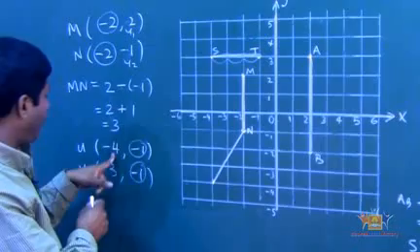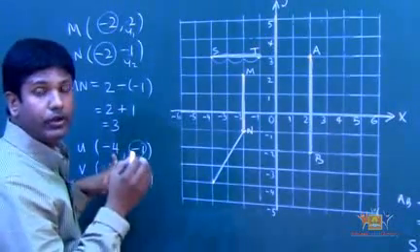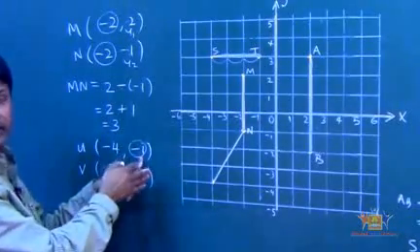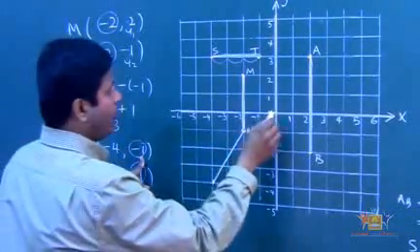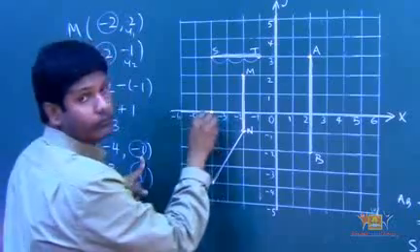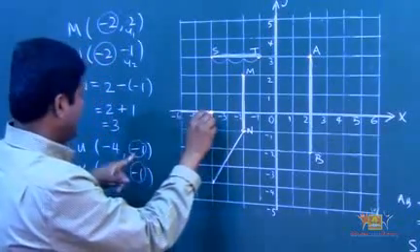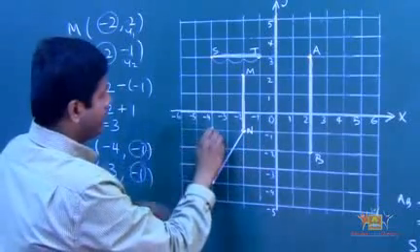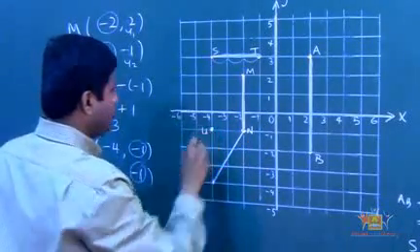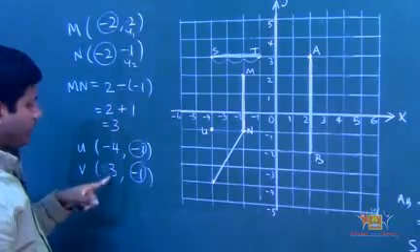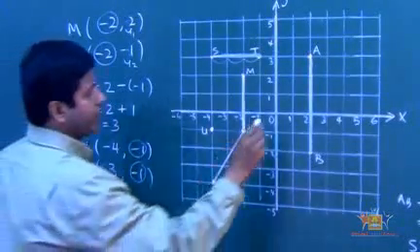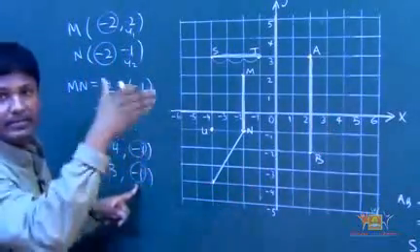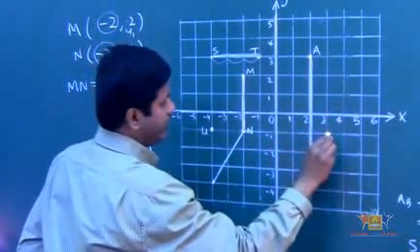Negative 4 is the x, so we go left by 4, down by 1, negative 1. See that? Down by 1. So we go 1, 2, 3, 4, negative 4, and then negative 1 means down by 1 right there. That's going to be your U. And V is going to be right by 3, 1, 2, 3, and then negative 1 means down by 1 right there.